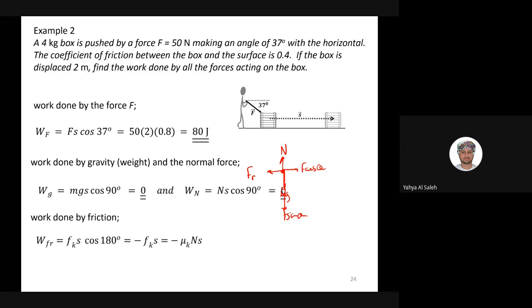Gravity and normal force are 0 immediately, and the work done by friction will be F_k s cosine 180 degrees. It's in the opposite direction. I substitute for F_k with mu_k N, and I end up with minus 56 joules. So I'm inputting 80 joules, and friction is taking off 56 joules. And the difference between them is what causes the acceleration.